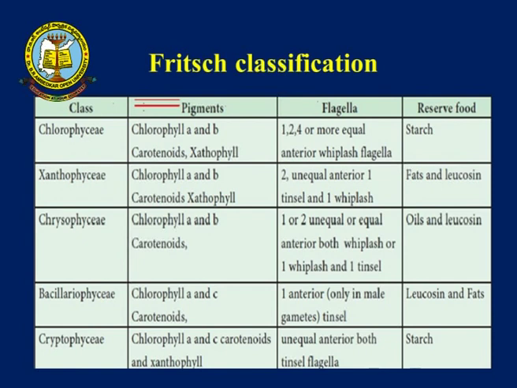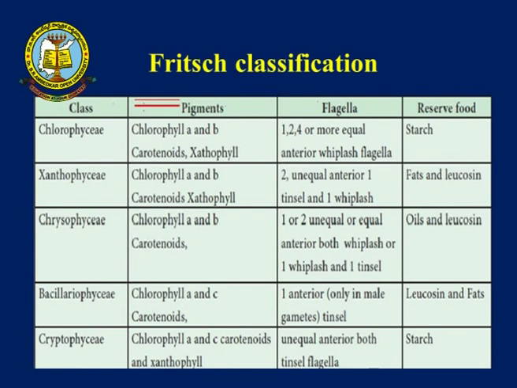Reserve food material: fats and leucosin. In Chrysophyceae, the main pigments are chlorophyll A and B and carotenoids. Flagella number 1 or 2, unequal or equal, anterior, sometimes lateral sides also, both whiplash and tinsel type. Reserve food material: oils and leucosin.